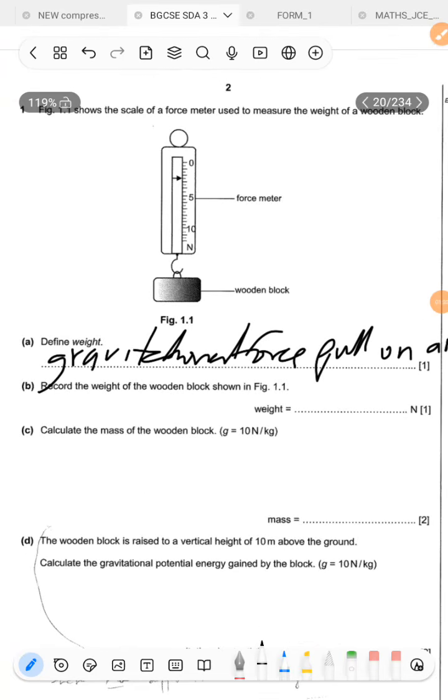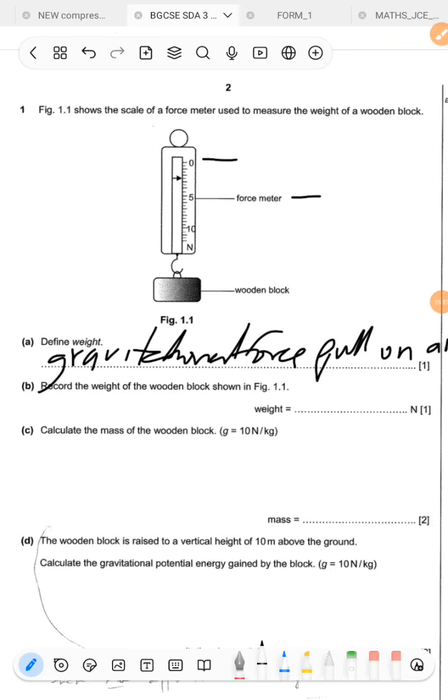So it's very important to understand scales. Whenever you are looking at a measuring instrument, you should be able to analyze how the scale works. From here we have a 0 and then you have 5. So between 0 and 5 you have other numbers.